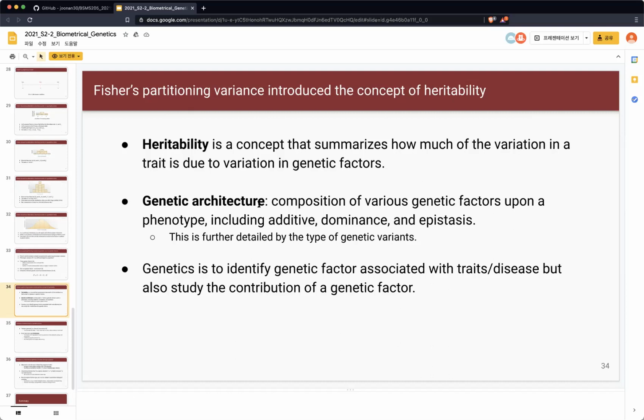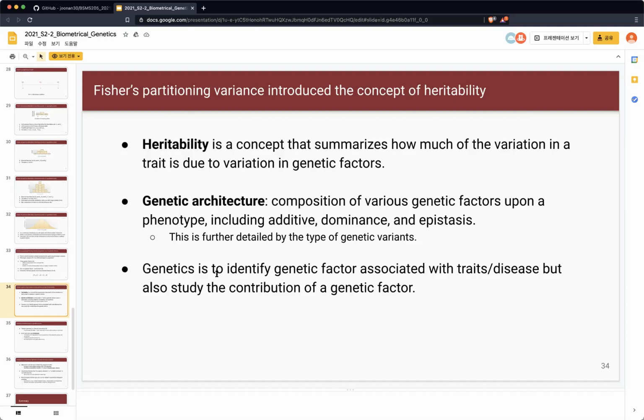And nowadays clinical or medical genetics is interested in how much genetics influences a trait or disease, and also which types of factors influence the trait, right?